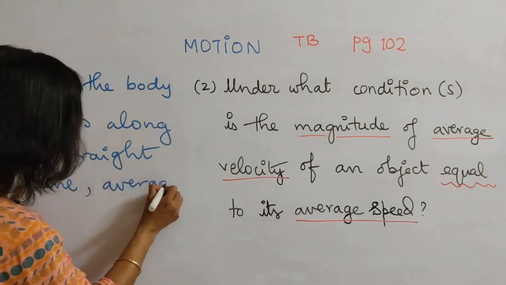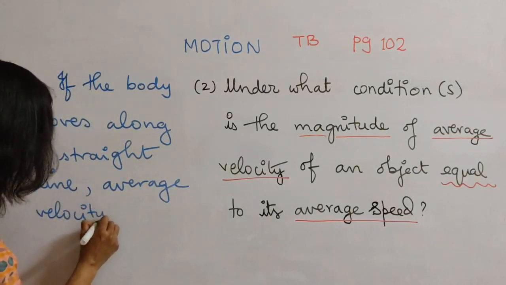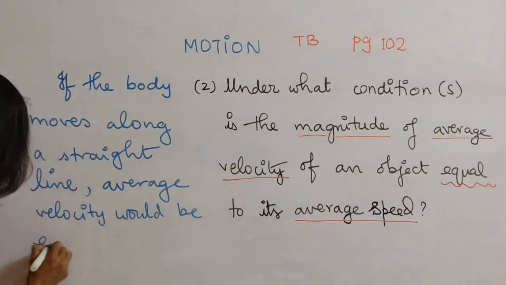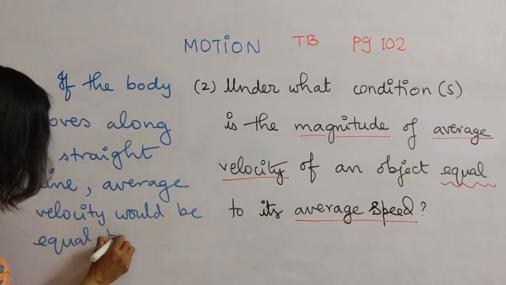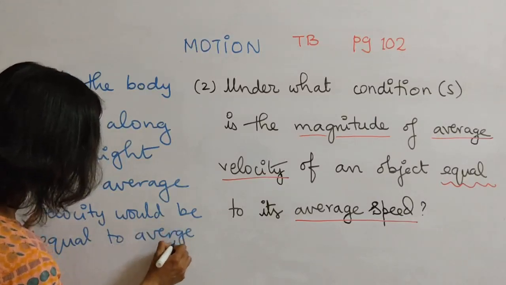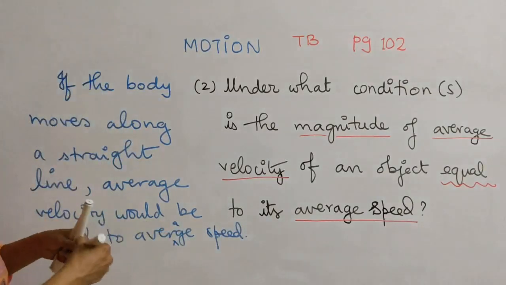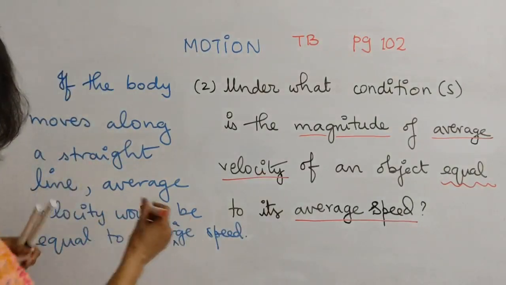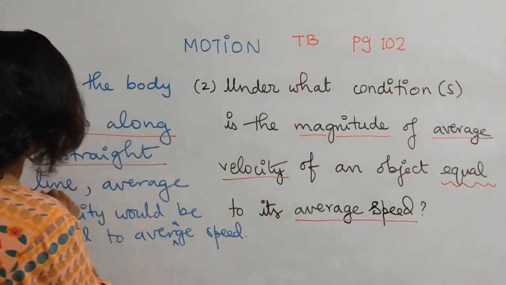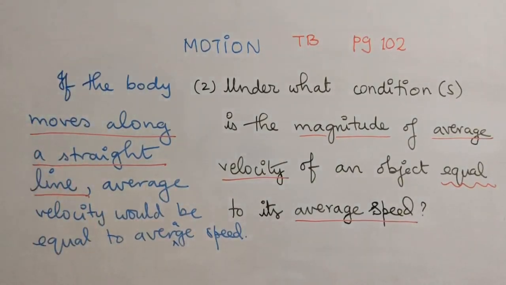Average velocity would be equal to average speed. Right? So the answer is actually, what you have to understand is only if it moves along a straight line, then there is no issue with the direction, hence this is the answer.